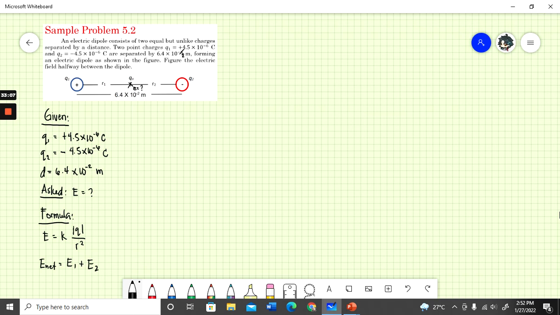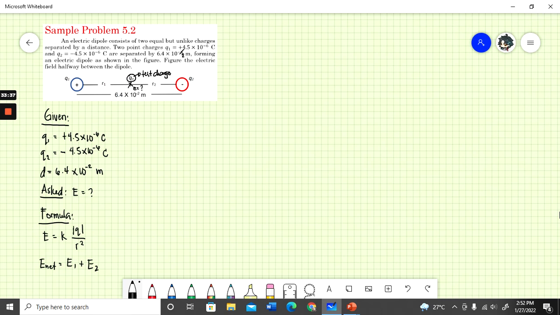So what we're going to do is use these equations right here to solve for the electric field at this point. Since the question is asking us for the electric field halfway between the two point charges, we begin by imagining that at this point right here we have a test charge.